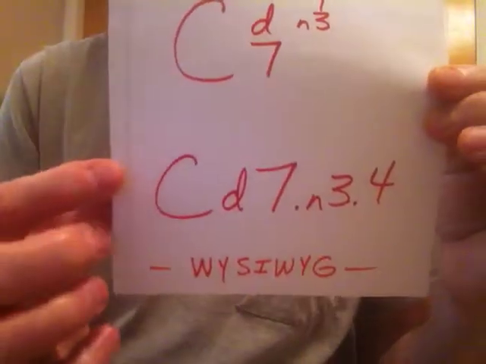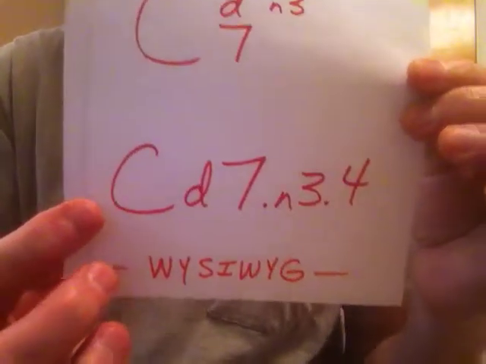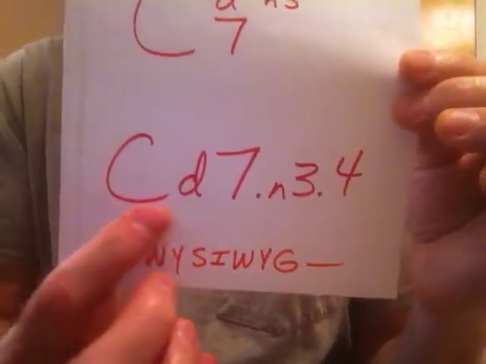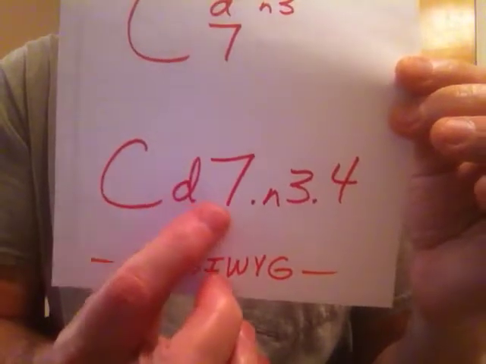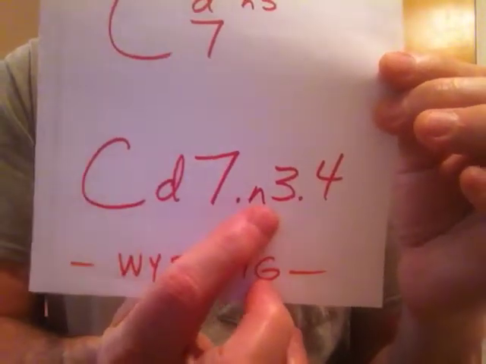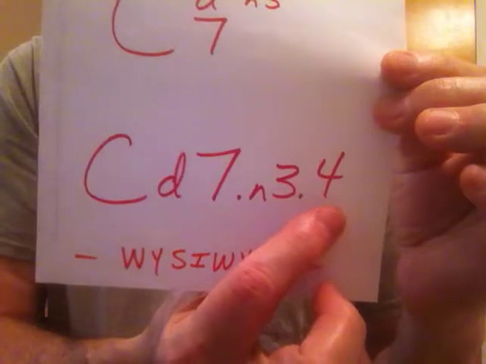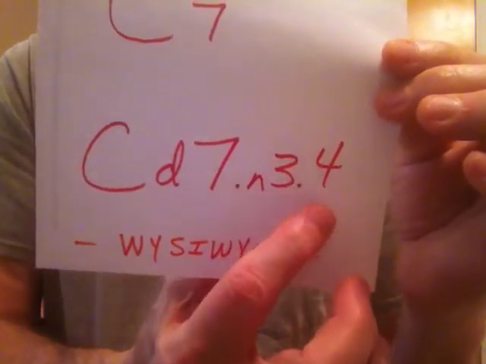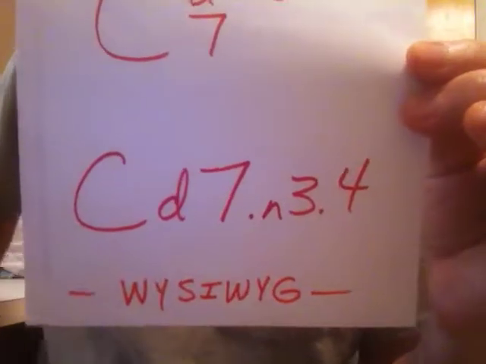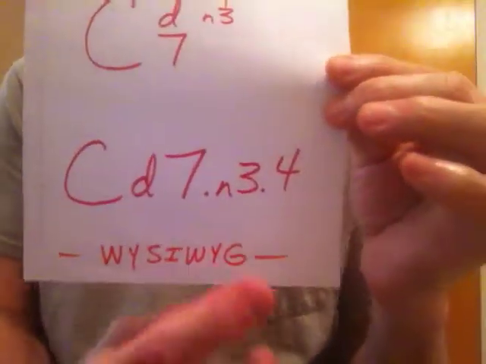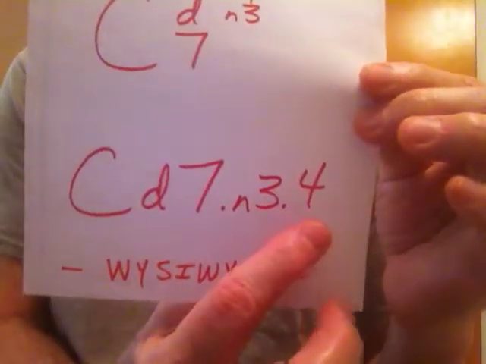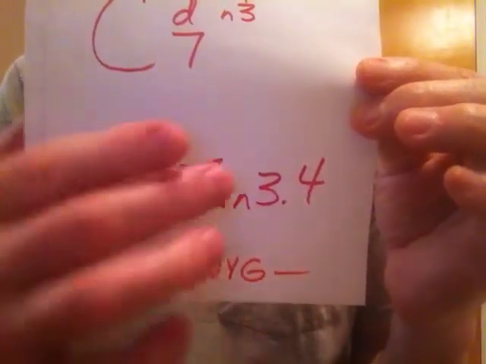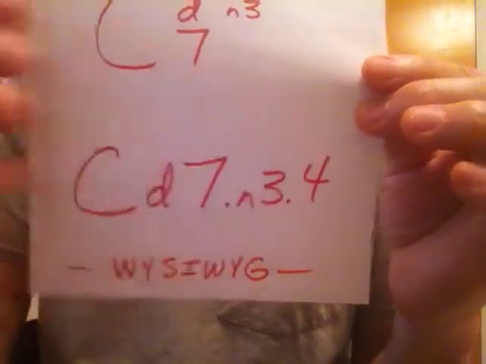Now if we wrote this in my linear alphanumeric way, it would be C, dominant 7 with no third, but the added 4th. And then when you see the 4, that's a 4th that would be at an unaltered interval. In this case, it would be a perfect 4th. There'd be no change because you see there's no symbol in front of the 4.